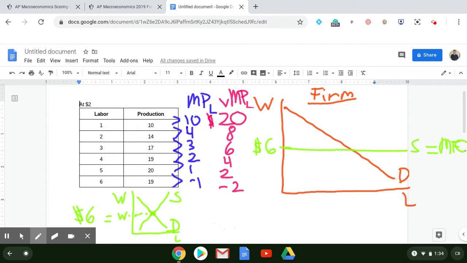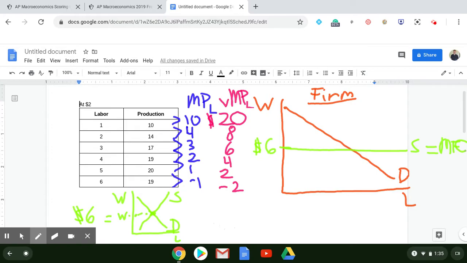Factor cost means the cost of labor. The marginal factor cost, the change in the cost of labor for each unit of labor that you're employing, well, you're going to have to charge them the same wage, and you're going to have to be a wage taker because it's just the same wage over the entire world. So the marginal factor cost of each unit of labor is still just $6.